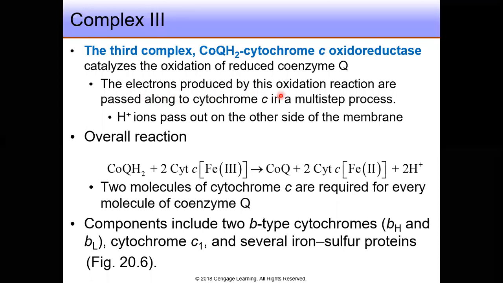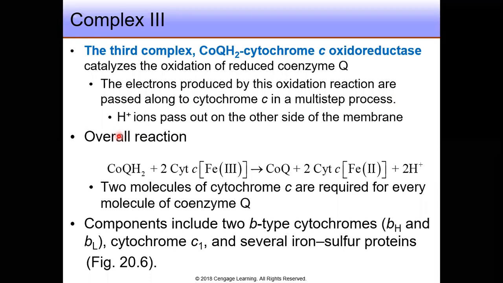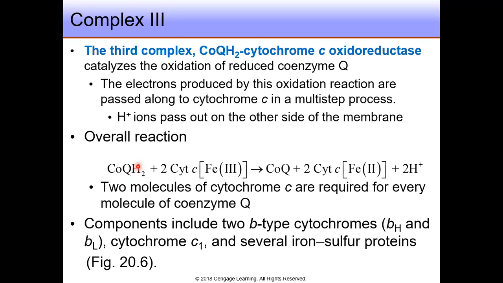Now the electrons produced by this oxidation reaction are passed along to cytochrome c in a multi-step process. Now protons pass out on the other side of the membrane. And this is the overall reaction.